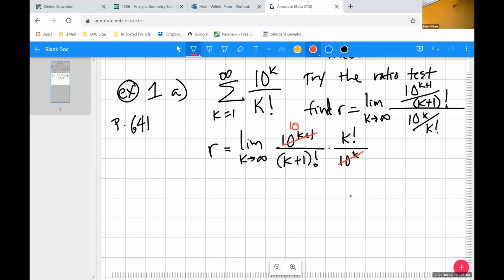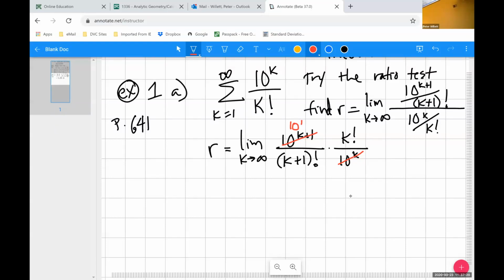Because this is like 10 squared over 10 to the first, or 10 to the third over 10 to the second, or 10 to the 101 over 10 to the 100. And when you have exponents, you subtract the lower power from the upper power. And in this case, that would just leave 10 to the first power, which is 10.